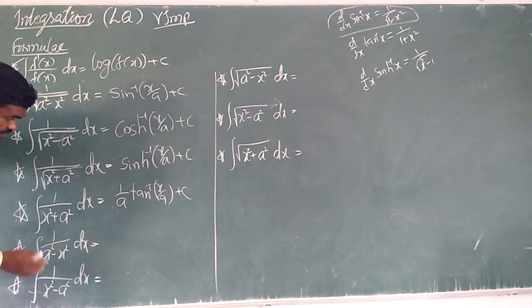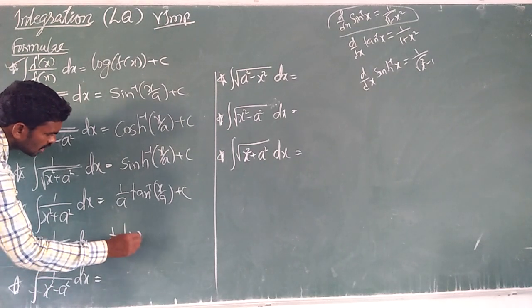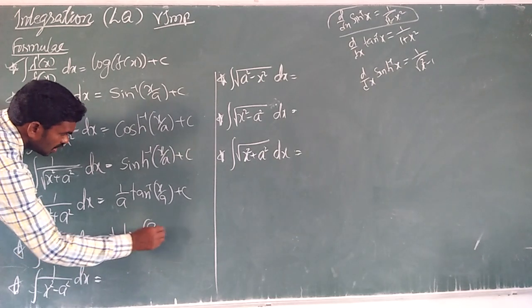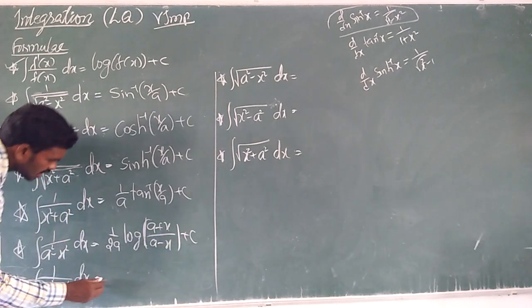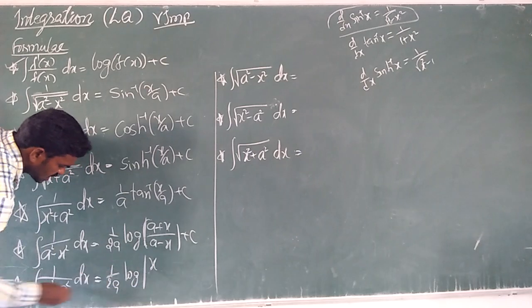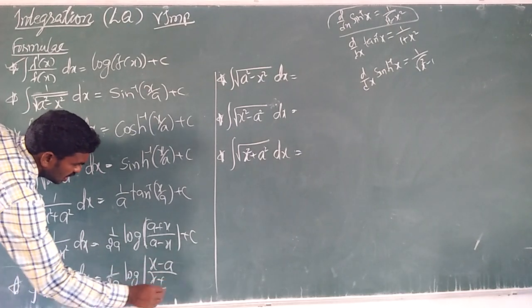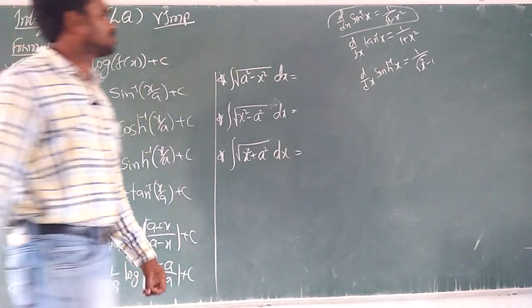And the formulas of these two are the same: 1 by 2a into log of a plus x by a minus x plus c. And this is also 1 by 2a into log of x minus a by x plus a plus c. Okay, note down the formulas.